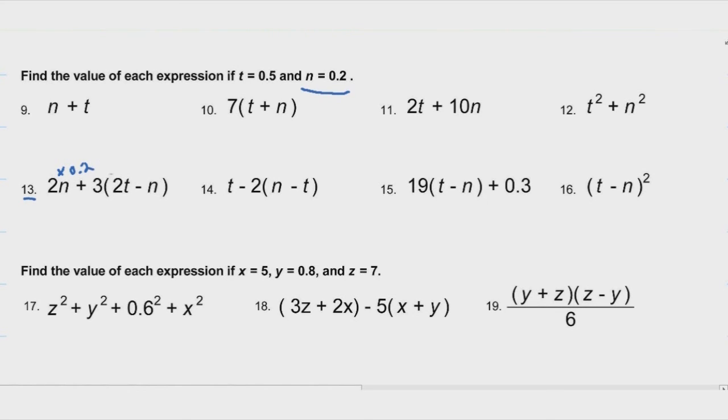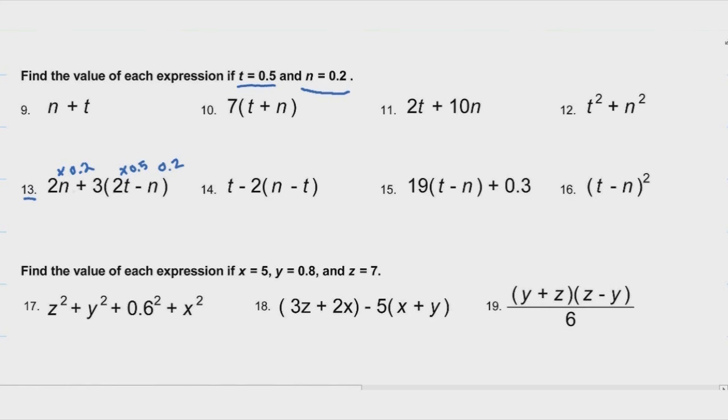Now over here we have 3 parentheses with a 2 next to a t. And up there it says t equals 0.5, so we need to change the t to 0.5, and 2 next to a variable means multiplication, so 2 times 0.5. Now we have an n, which is 0.2 again.